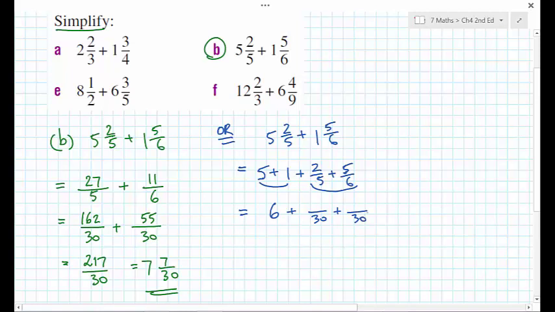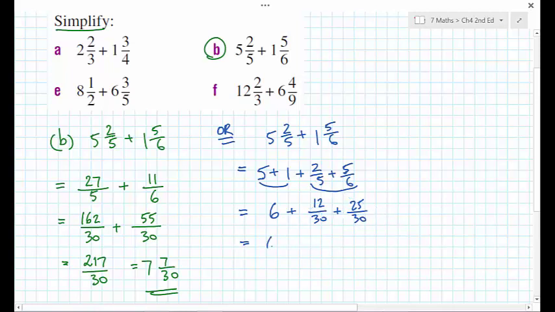To go from there to there, I've multiplied by 6, so I multiply the top here by 6, and that gets to 12. Then to go from there to there, I've multiplied by 5, so I multiply that by 5 and I get 25. Now these are over a common denominator, so I can simply add the top part.